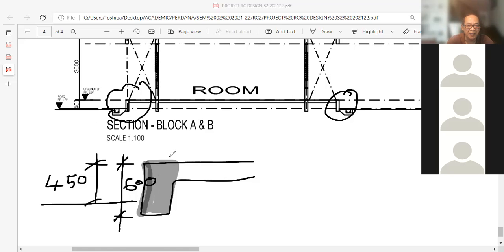There will be no parts of the beam or gap between the slab and the ground condition, the soil or the ground level. Right? So this is another piece of information that we can extract from the architectural drawings.